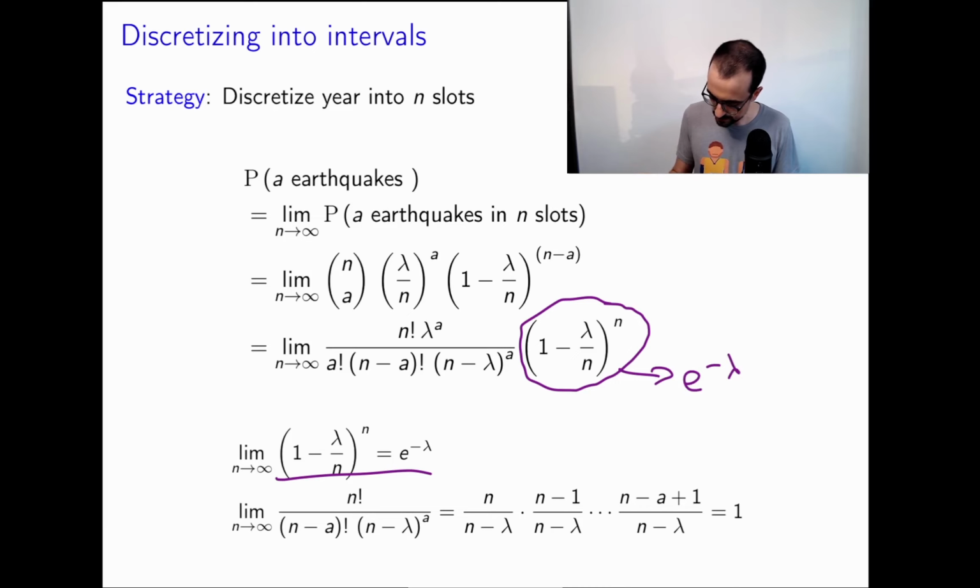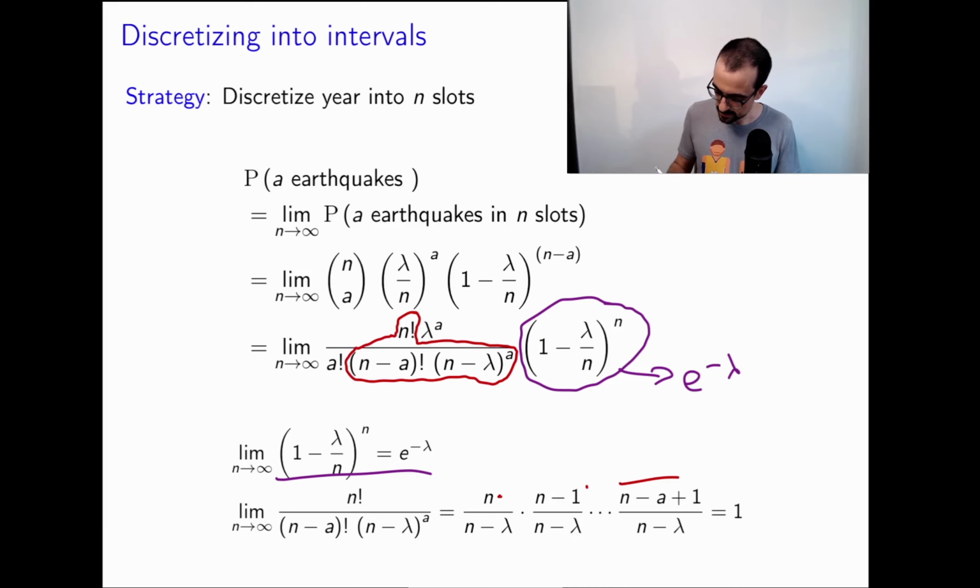Now, if you take this part, the factorial divided by these two, and expand it out, the numerator is n, n minus 1, down to n minus a plus 1, and so on.